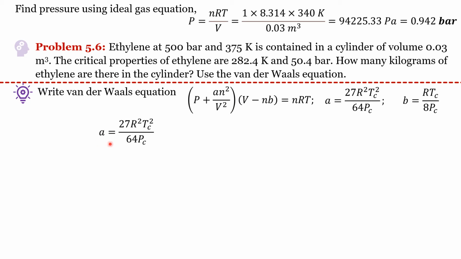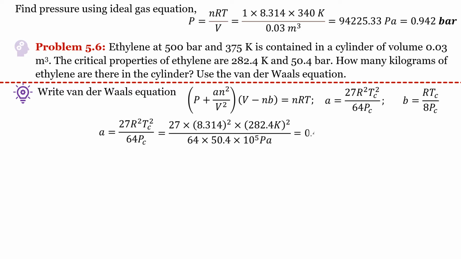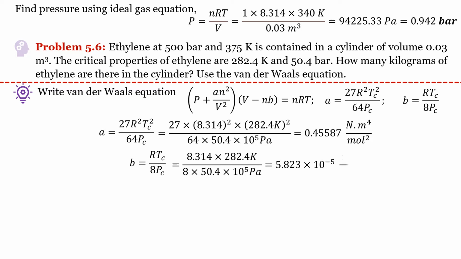So we can find the values of a and b by putting in the values of critical temperature and pressure. After putting the values we will get the value of a. In the same way we can find the value of b.